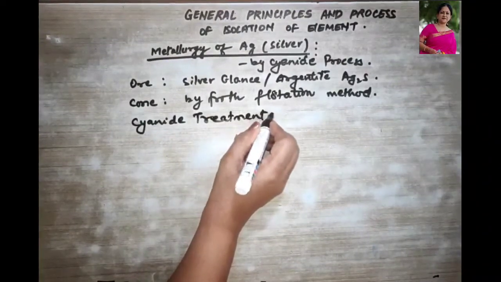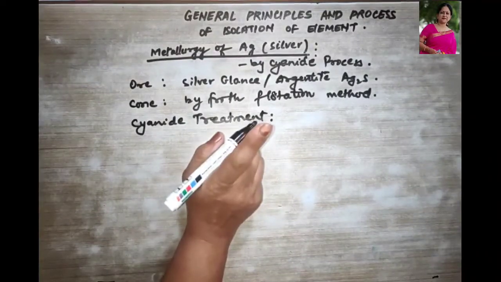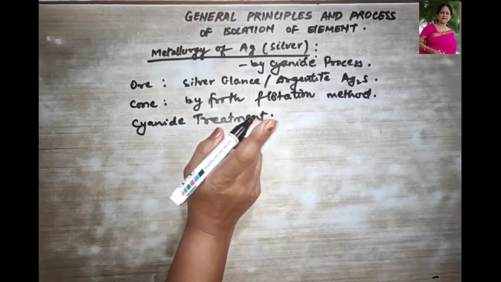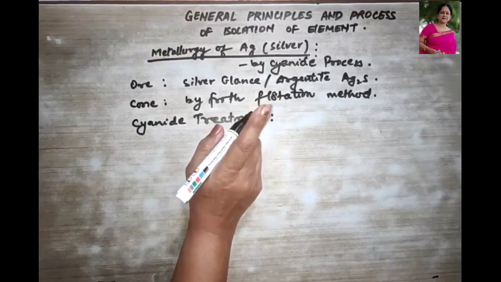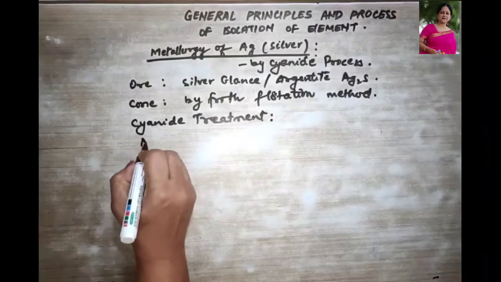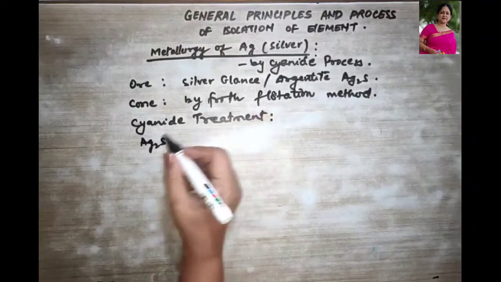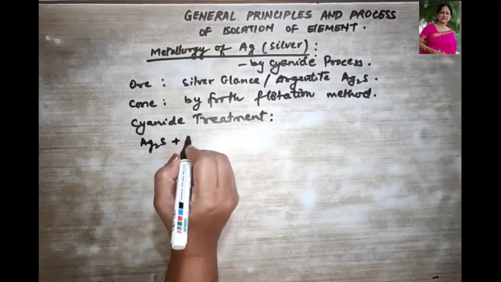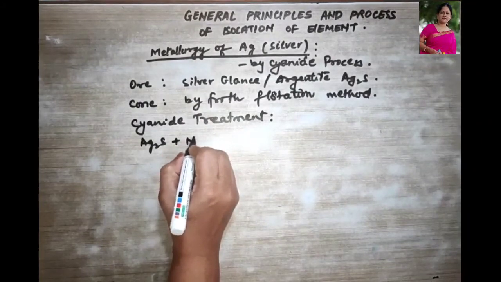treatment. So the concentrated ore is treated with dilute solution of sodium cyanide, and this mixture is continuously agitated by the current of air. That is Ag2S, the ore, your argentite or silver glance, to which we add dilute sodium cyanide.